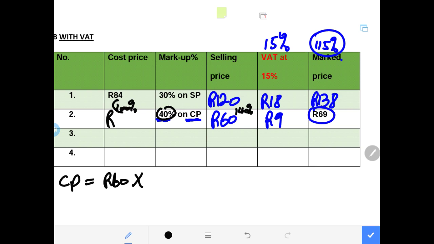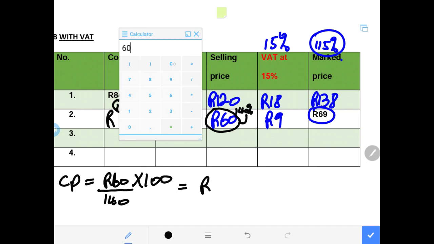We are looking for cost price. Cost price percentage is 100. We multiply by 100. We divide by the percentage of the 60 Rand. We said 60 Rand is out of 140. So we divide by 140. Then we say 60 Rand times by 100 divide by 140.